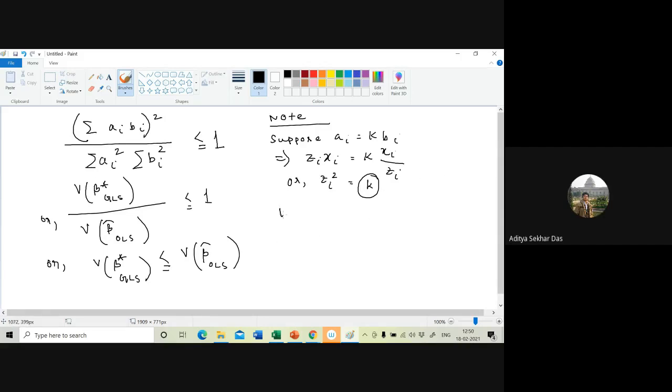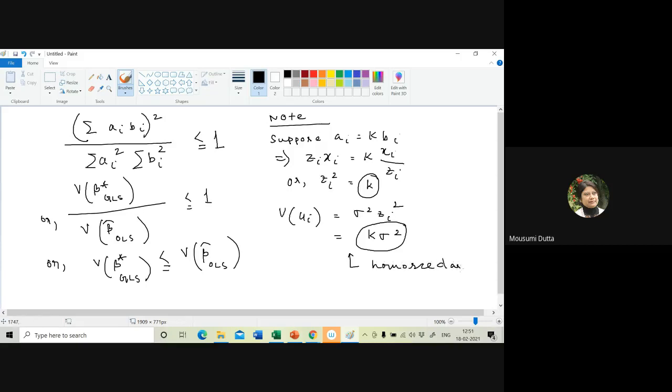Sigma square Zi square. So if Zi square is a constant, K, in that case, actually we are talking about homoscedasticity. So there will be no difference between the GLS and the OLS estimator.